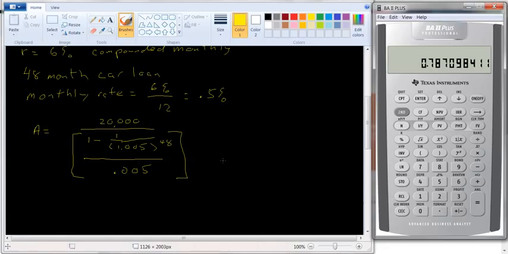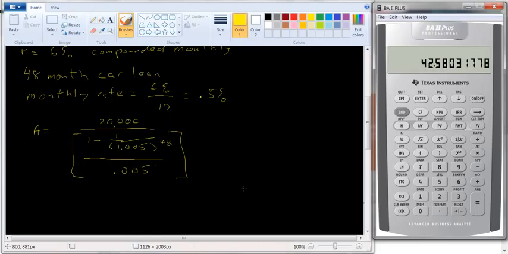Let's make this negative and add it to 1. So essentially we're subtracting it from 1. And let's divide by the interest rate, 0.005.